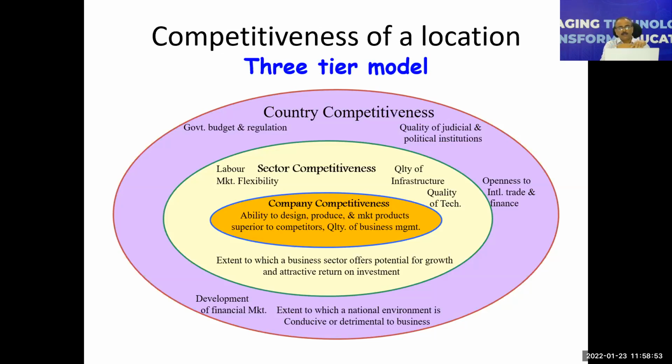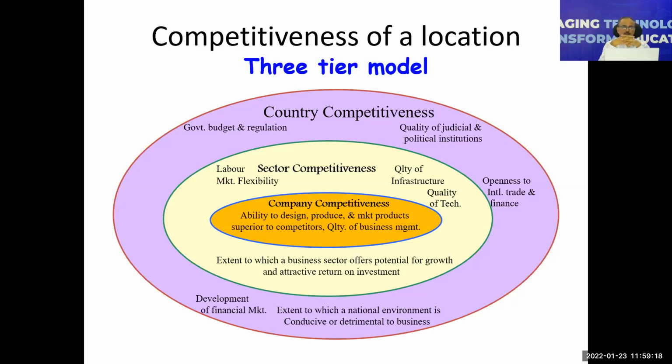So at the sectorial level, whatever infrastructural facilities are available at that particular location, and maybe at the company level, what kind of competitiveness exists in terms of the available facilities for design, marketing, the other aspects of the business and the management of the entire business.